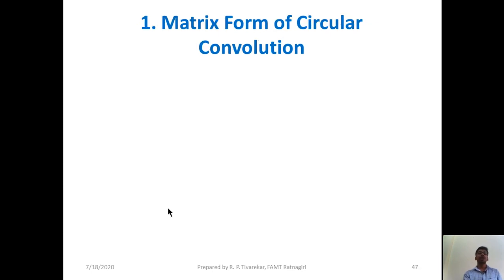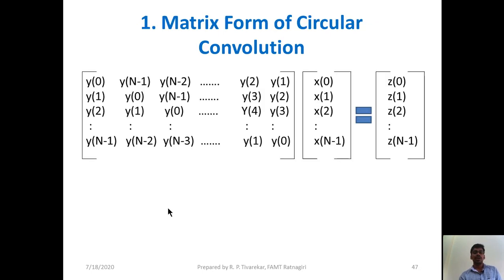So in the first method, what we do is matrix multiplication, where this x is fixed and y is written here. You can see that this y is copied from the previous equation. So for z0, I want to multiply this row with this column. So actually x0 into y0, x1 into y of n minus 1. Where have I obtained it from?